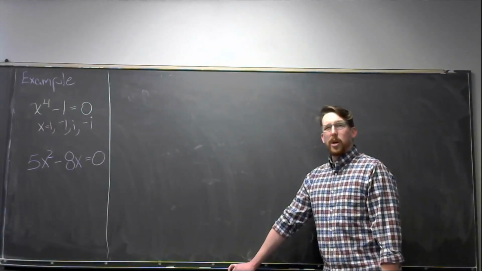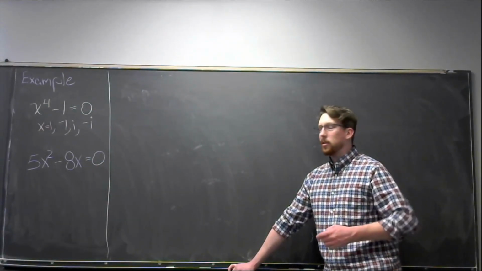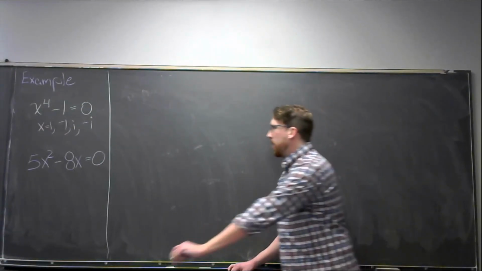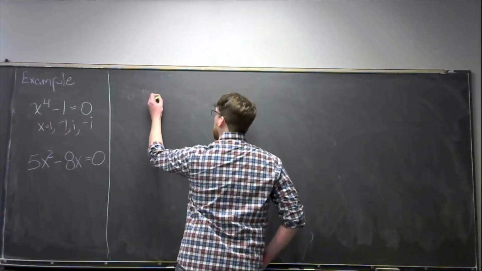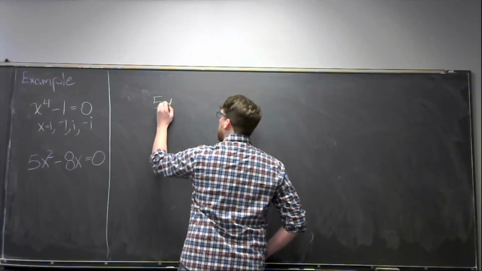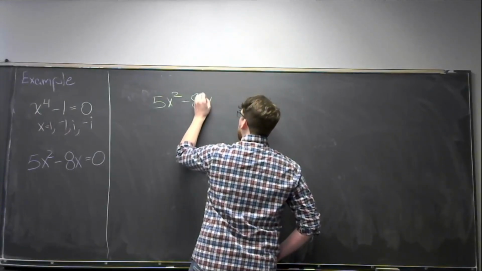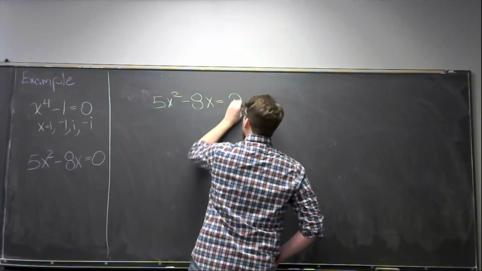Are they going to be real or complex? Well, in this second example, we've got 5x squared minus 8x equal to 0.